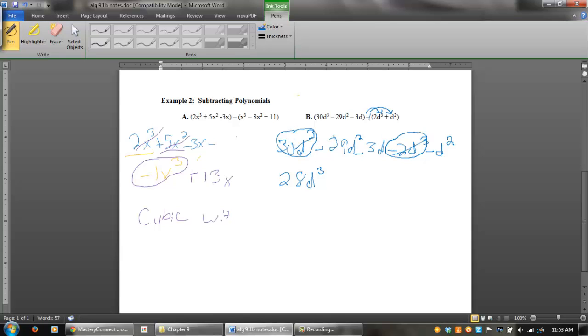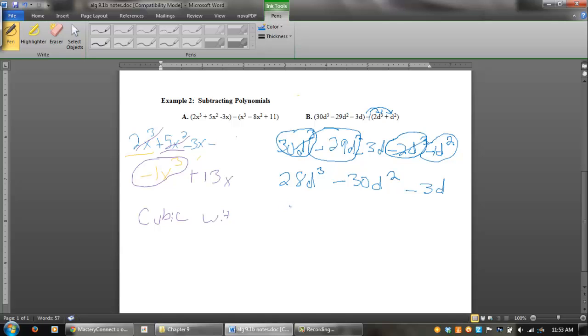Now let's look at our second powers. We have a negative 29d squared, and we have a negative d squared, which is actually a negative 1 that you don't see there. So negative 29 and negative 1 add to give you negative 30d to the second. And then I just have this left, this negative 3d, we just add onto the end, negative 3d.